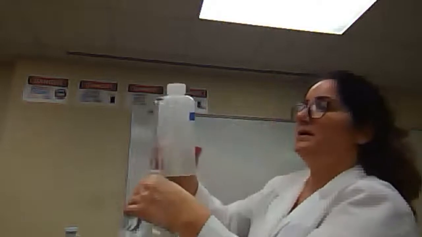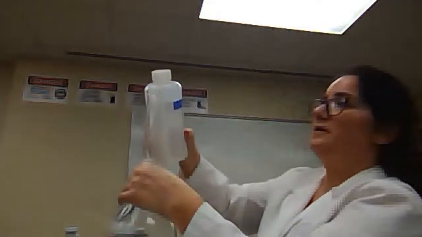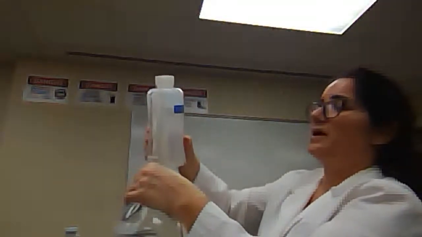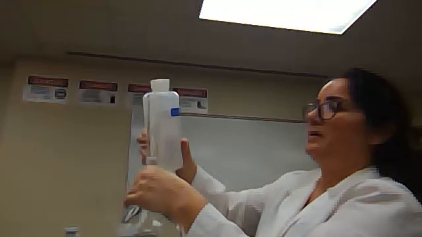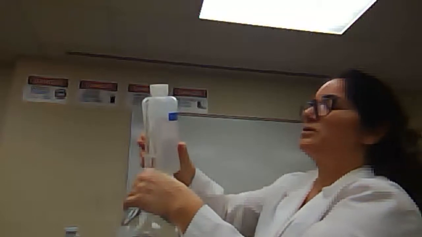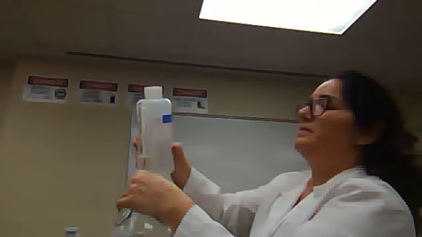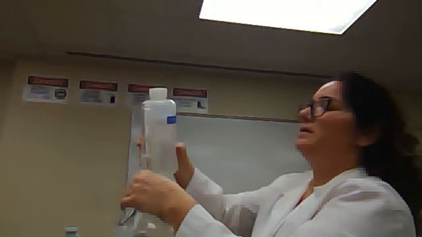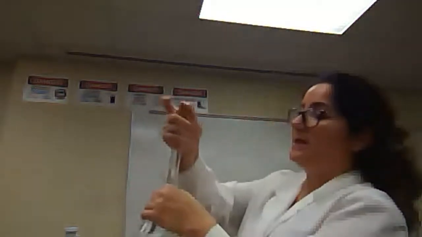The index line right here, I'm going to add enough water drop by drop to make sure that the meniscus is exactly on the index line. Okay, it aligns with the index line.